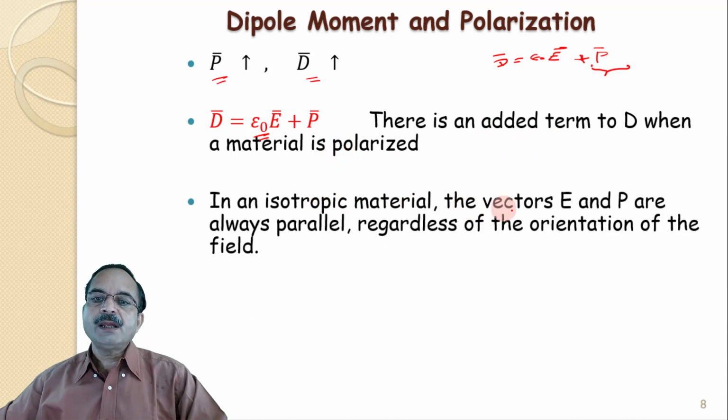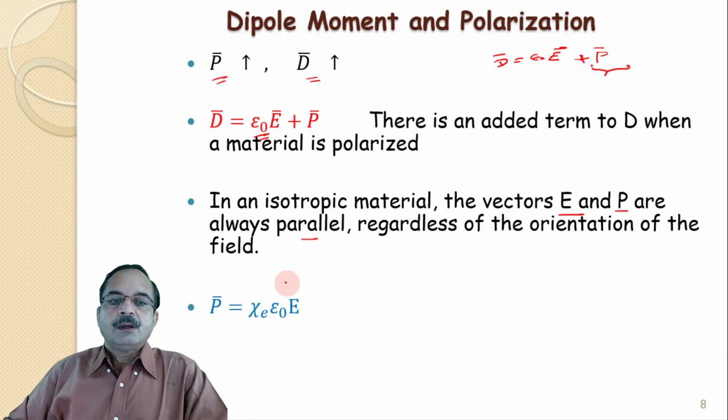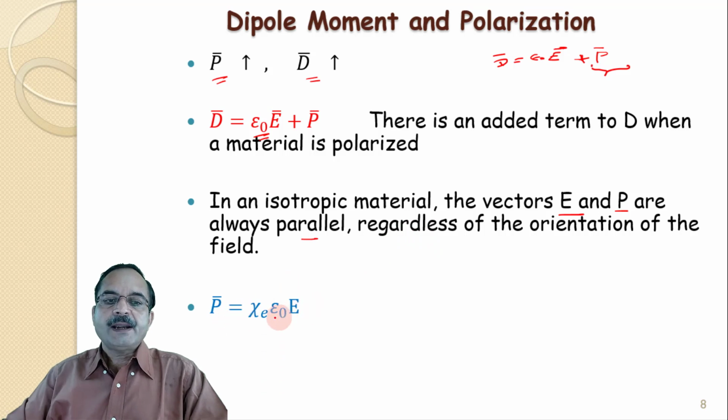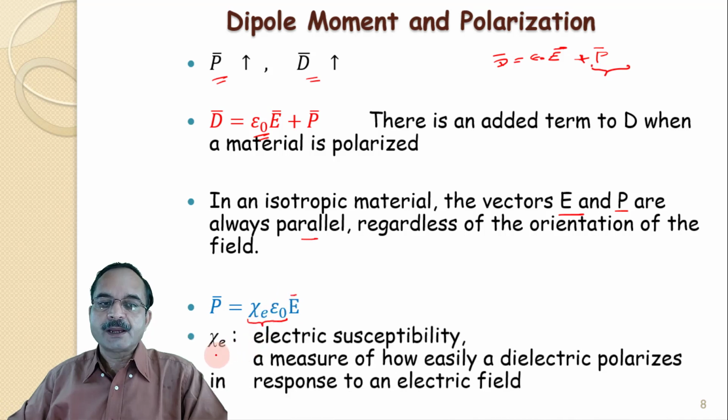In an isotropic material, E and P are always parallel regardless of the orientation of the field. So the polarization P we can write as a constant Xc multiplied by epsilon 0 into E, where Xc is the susceptibility of the material.